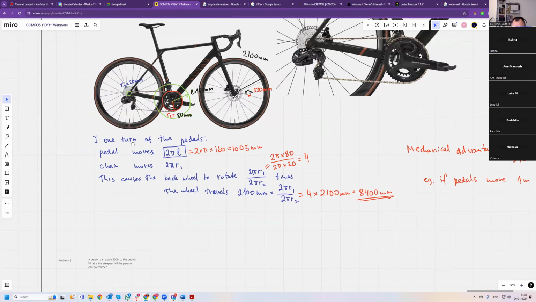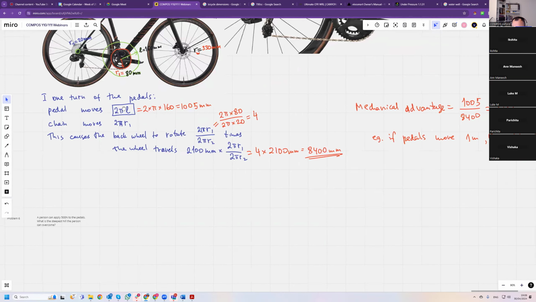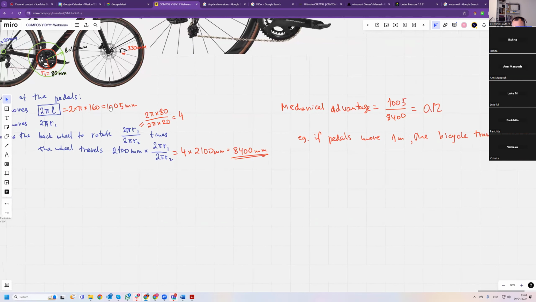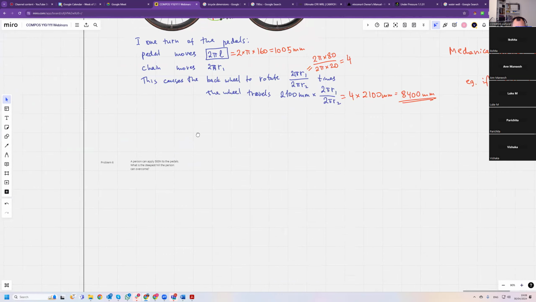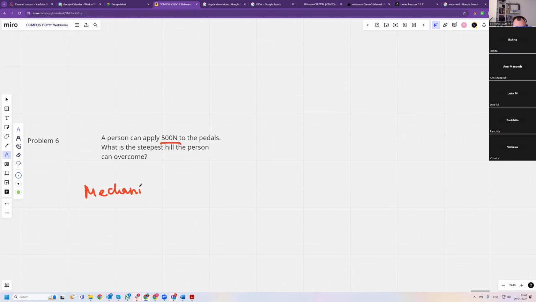We've just found the force multiplier, and it's 0.12. So mechanical advantage, 500 units. What is the steepest hill the person can go? The mechanical advantage is 0.12.